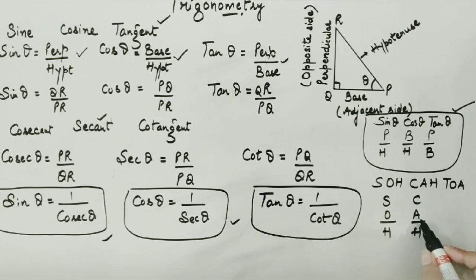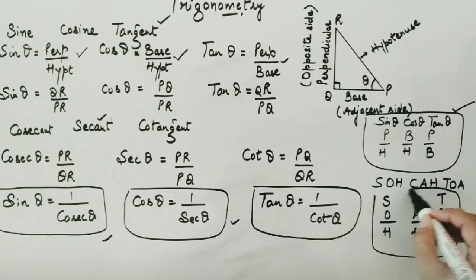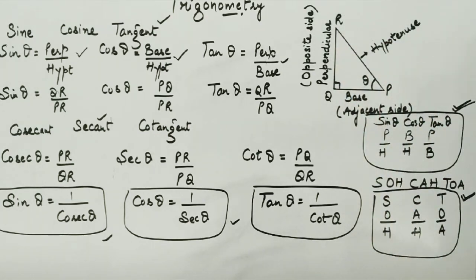Cos is the adjacent side by hypotenuse. Tan would be the opposite side by the adjacent side. So this is another way. Whichever method you find convenient, go for that. It is one and the same thing, and I'm sure the whole process, the complete working, must be clear to everyone.